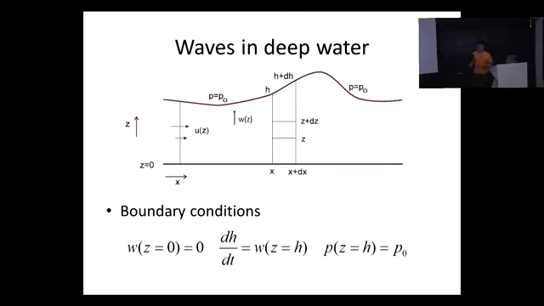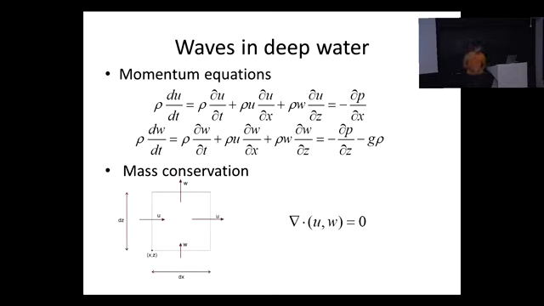The vertical velocity will be 0 at z = 0, and the pressure at the surface will be atmospheric pressure, and just at the surface, there will be the variation of the height. It will be the velocity W there. So to solve this problem, we just have to have some equations.